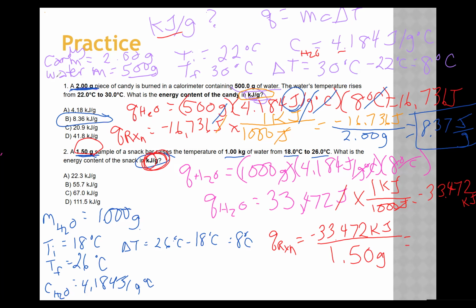Doing this math will give me my answer in kilojoules per gram. So I take the negative 33.472 and divide it by 1.5, and I get 22.3 kilojoules per gram.